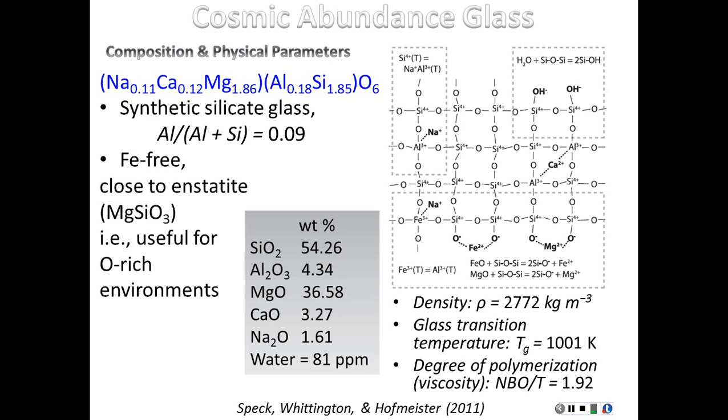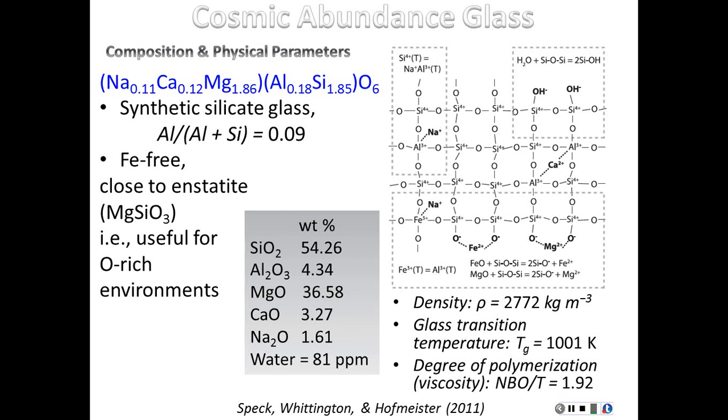Okay, so this is something that has solar composition except for the iron. It is a glass. That is, it's got amorphous structure, and it is in a large enough sample that we can then do lots of experiments on it.